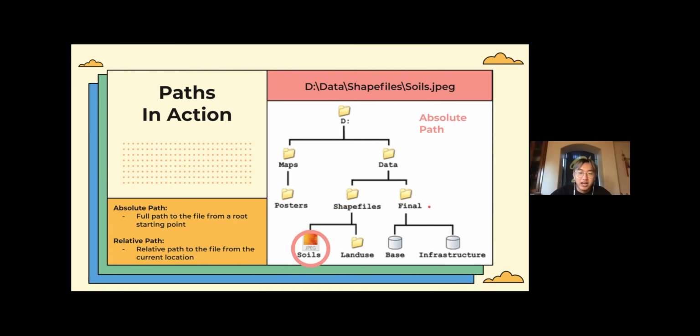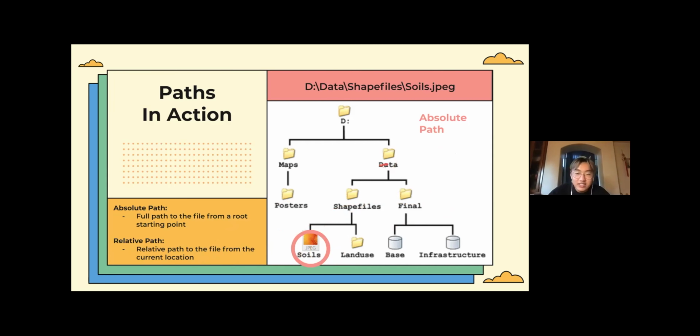So absolute path. Where do you think the absolute path will start, Abby, if we want to get to soils right here? Maybe at the base and infrastructure. Oh, close guess.